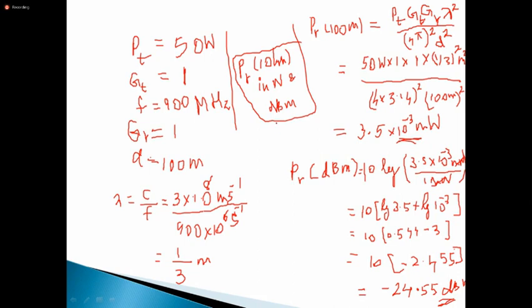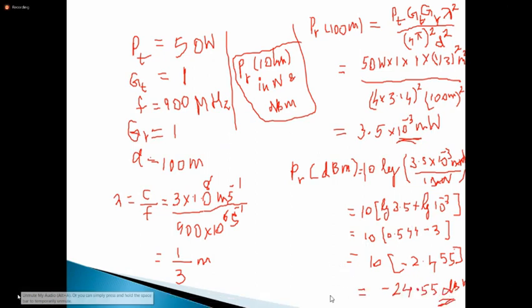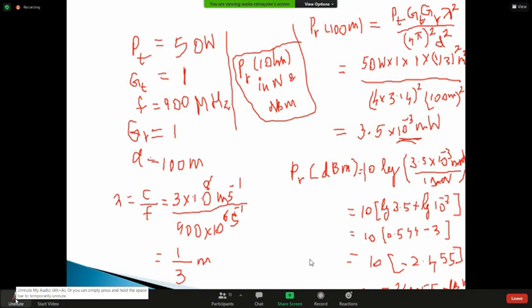When the distance d is 10 kilometers, use the same method and find the value here in watts or milliwatts, then convert it into dBm. Okay, that is the second part of the question, right? So this is how you are going to do questions like this. Then we'll do more questions in the next lecture.